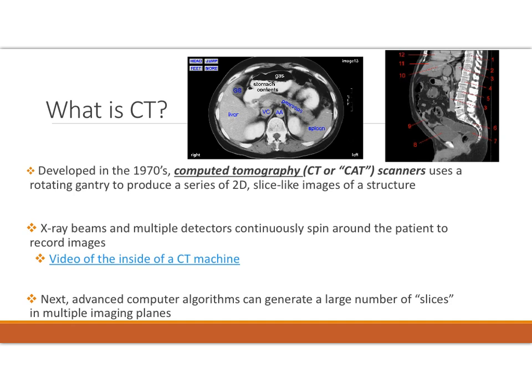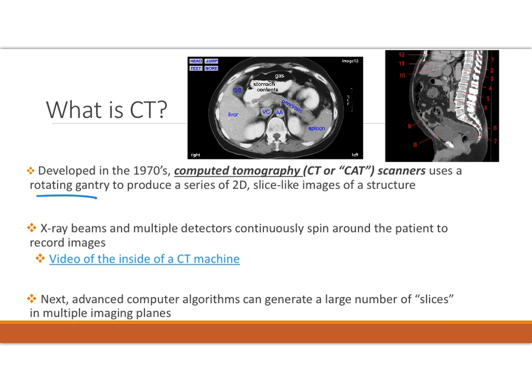Now, what is CT? Now, CT stands for computed tomography. And this came about in the 70s, so, going on 50 years ago now. What this does is, we call it a rotating gantry.